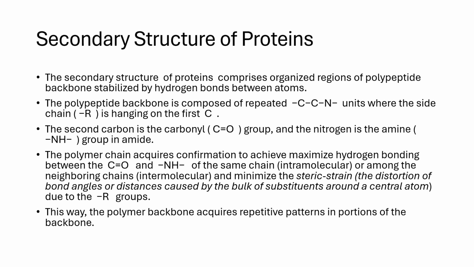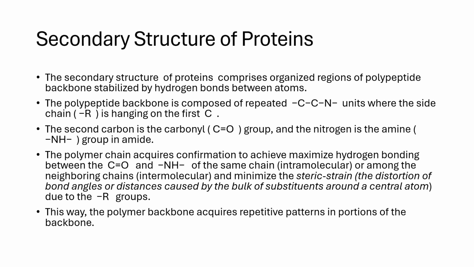The polymer chain acquires conformation to achieve maximum hydrogen bonding between carbonyl and NH amine of the same chain, intramolecular, or among the neighboring chain, and minimize the steric strain, the distortion of bond angles or distances caused by bulk of substituents around a central atom due to the R groups. This way, the polymer backbone acquires repetitive patterns in portions of the backbone.